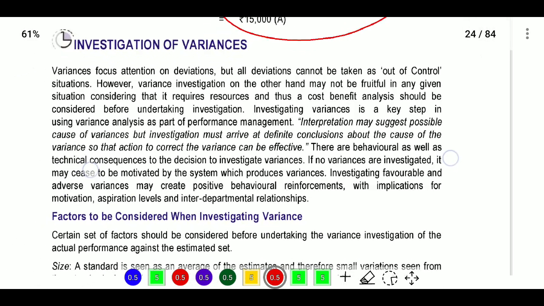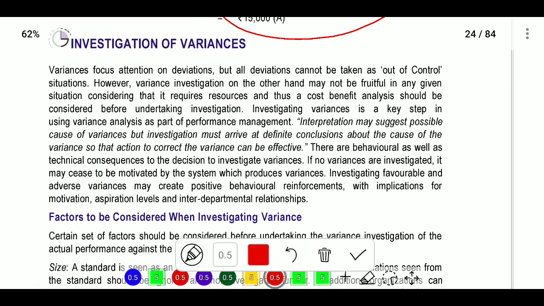Here we will see that investigation should be undertaken only if the benefit expected from investigation exceeds the cost of searching for and correcting the source of variance. So investigation should be taken only if we will get a benefit, and the benefit must exceed whatever cost we incurred for investigation.